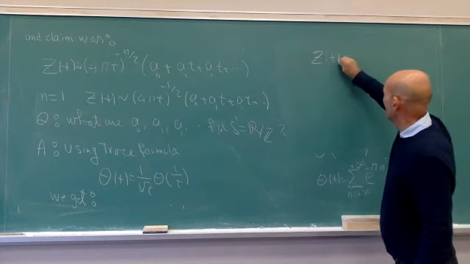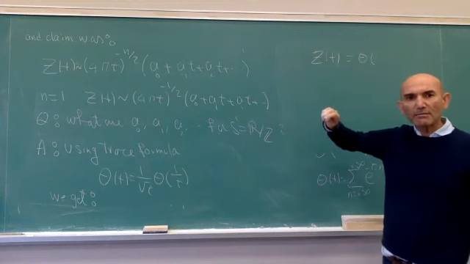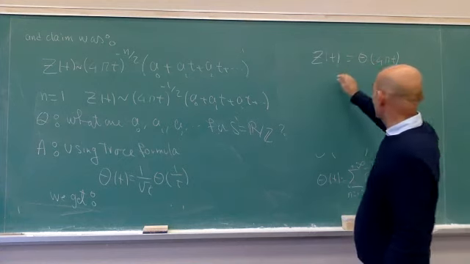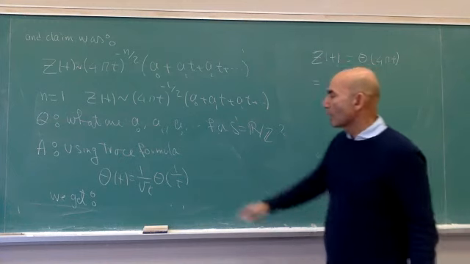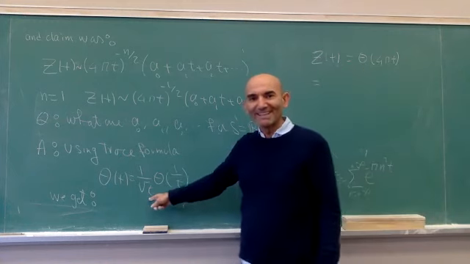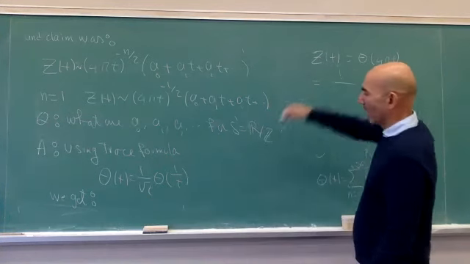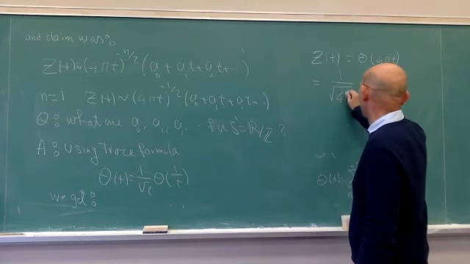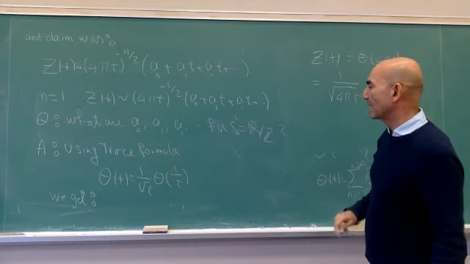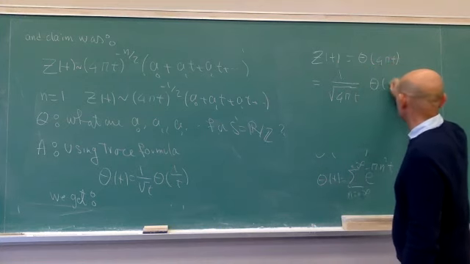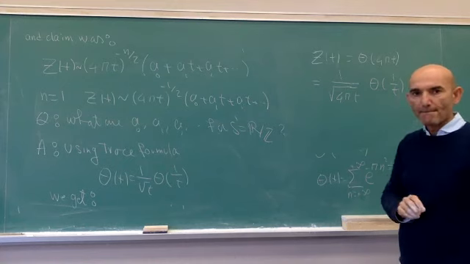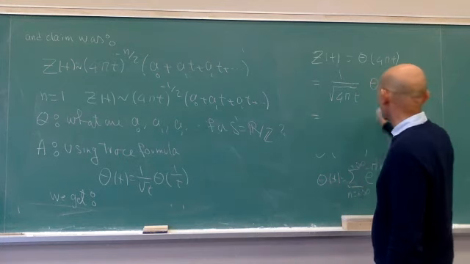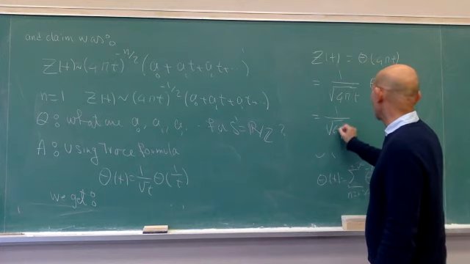Z of t is equal to theta of 4 pi t. So this is equal to 1 over square root of 4 pi t, and then theta of 1 over 4 pi t.